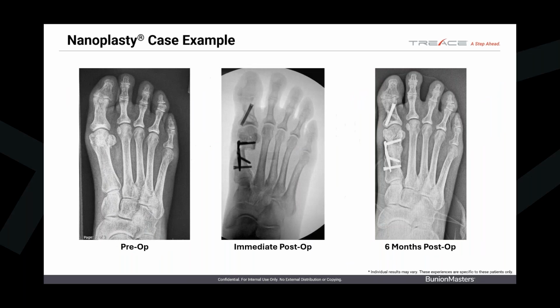So these are some examples of cases and what it looks like on the healing progression. We always get the question, does that really heal? Yes, it does. Our non-union rates for MIS bunion corrections are so small, probably the smallest of any bunion correction on the market. I mean, our design team talks about this all the time, and between us, we have about 6,000 cases.